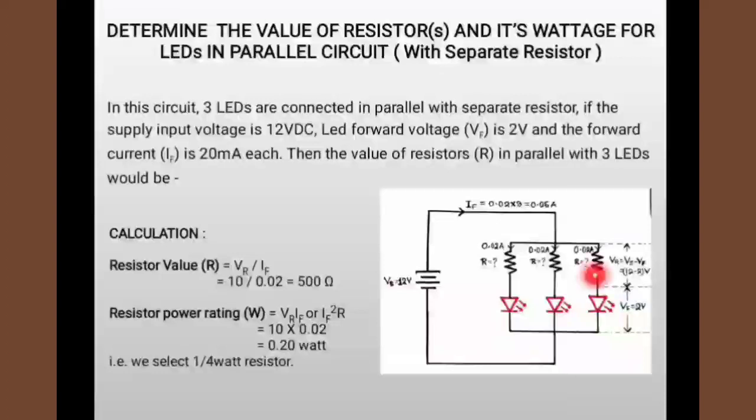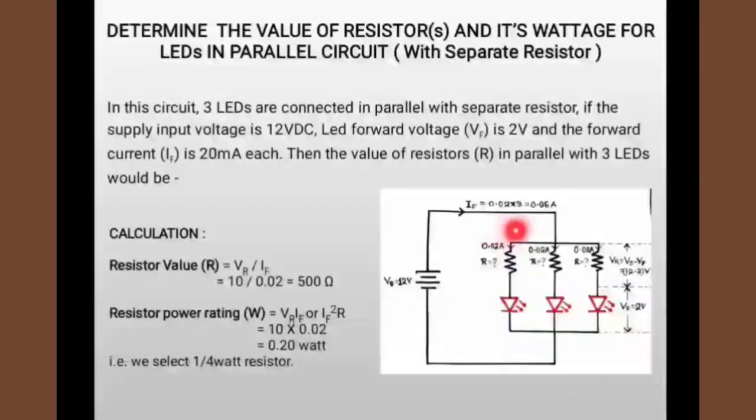Therefore, the voltage across the resistor VR equals 12 minus 2 equals 10 volt, and the forward current of each section is 0.02 ampere. Now the value of each resistor would be R equals VR divided by IF. So we get 500 ohm.